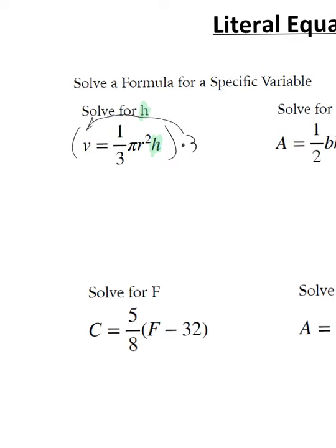So taking it, multiplying it times the left side, we would end up with 3v. On the right side of our equation, multiplying 3 times 1/3 ends up giving you 3/3, which cancels out to just 1. So we're left with just 1 being multiplied times pi r squared h.